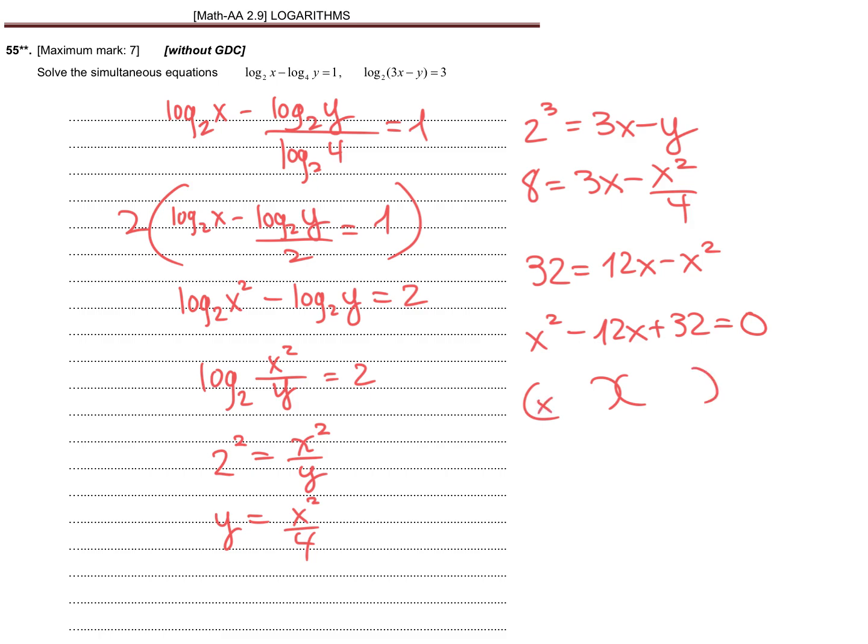And we need x and 8 and 4. So x is 8 or x is 4. So those look like they're fine in the original. So we would have y is 8 squared, 64 over 4, which is 16. And for this one, we'd have 4.